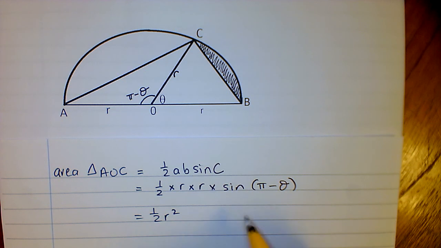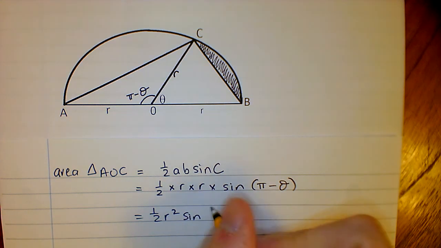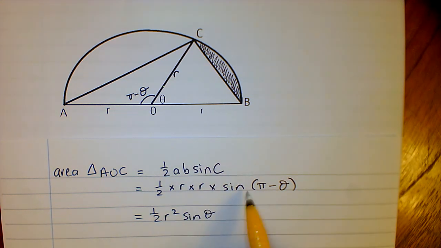Now this is where you have to know your symmetries in your sine curve. Think back to whenever you did the ambiguous case in the sine rule, the sine of 20 and the sine of 160 were the same. The sine of 30 and the sine of 150 were the same. So the sine of pi minus theta and sine of just theta are exactly the same. Okay?